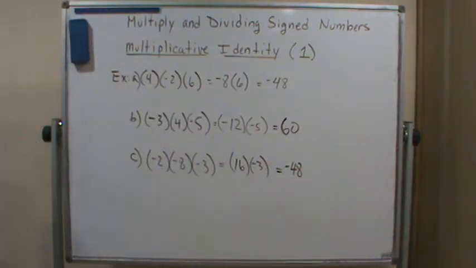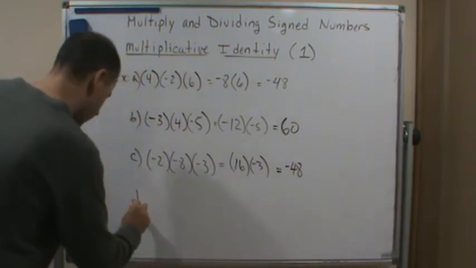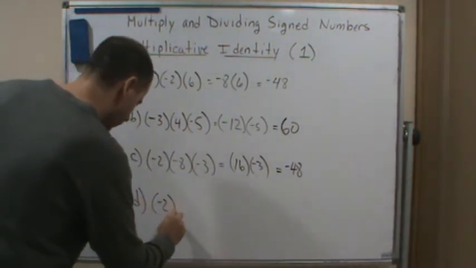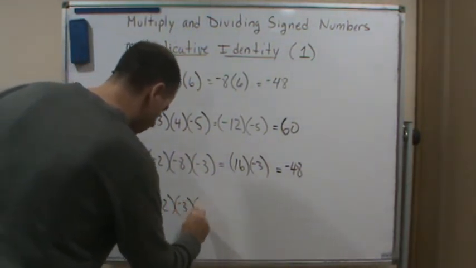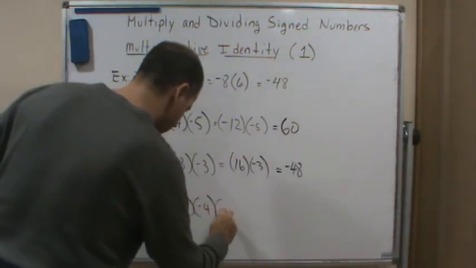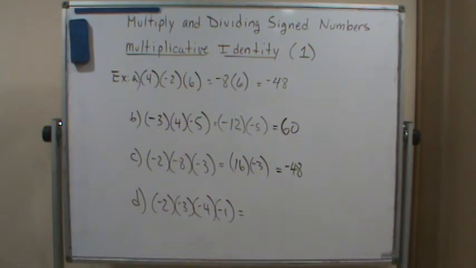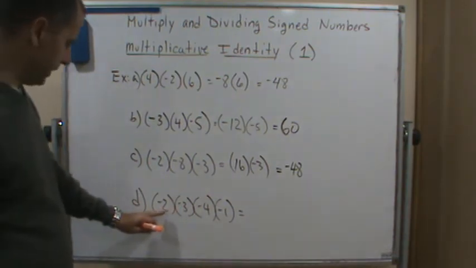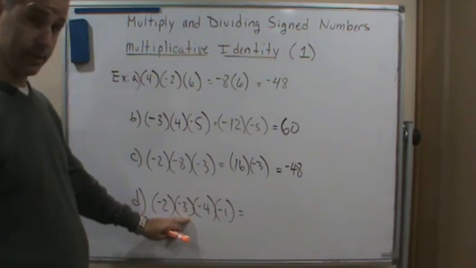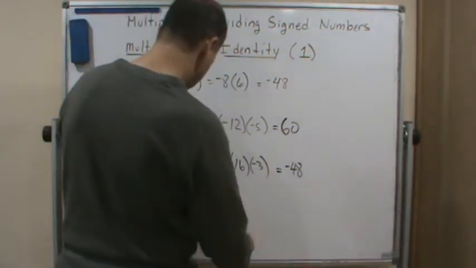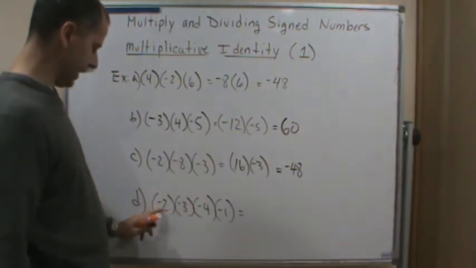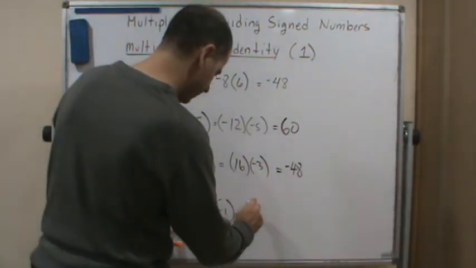And then finally, the last one they give us is this one. Okay, let's do this pairwise. So we get negative 2 times negative 3. That's going to be 6, and it's going to be positive.